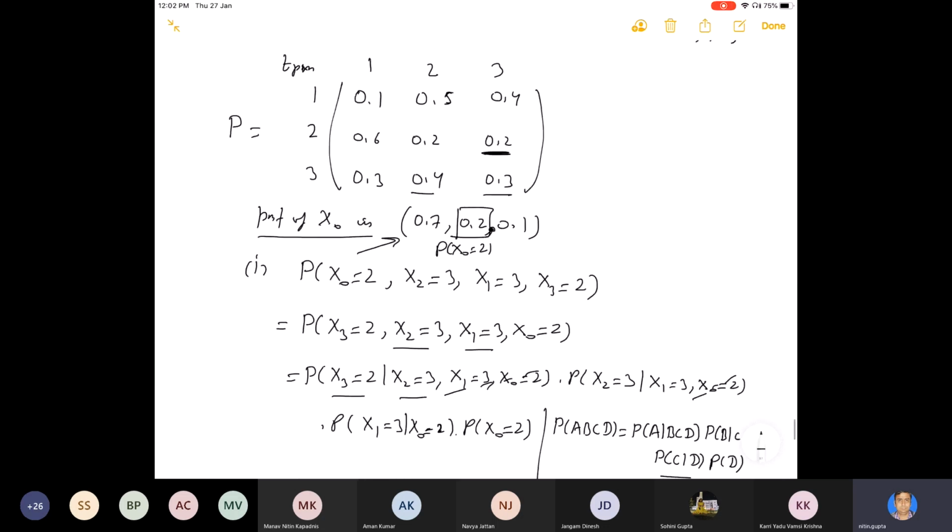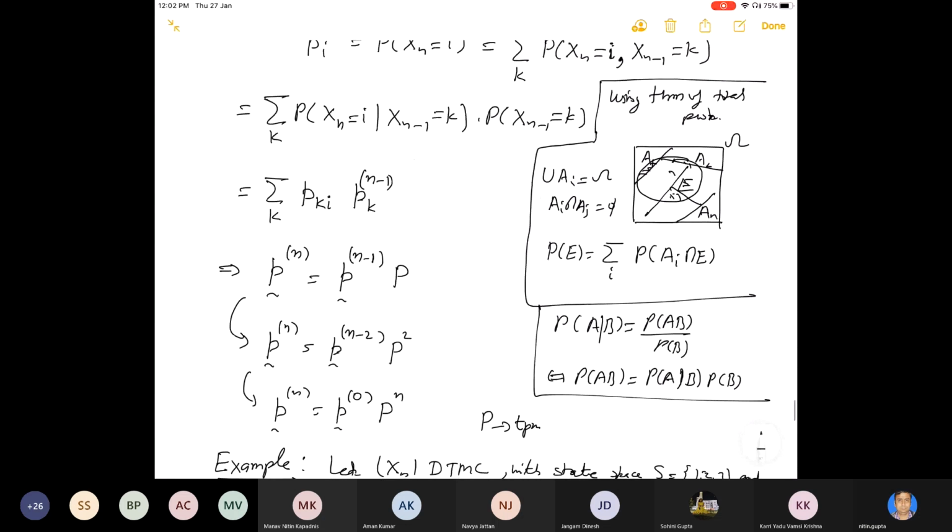Last time we have done a result that the probability mass function of step Xn is equal to the probability mass function of step Xn minus 1 into the TPM.